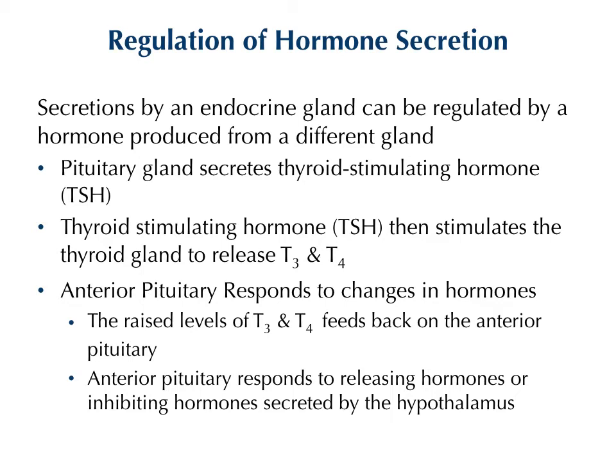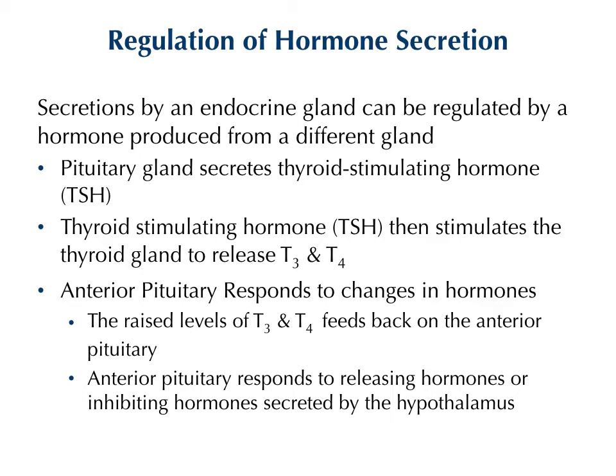TSH will stimulate the thyroid gland to release its hormones, T3 and T4. The elevated levels of T3 and T4 in the bloodstream will feed back on the anterior pituitary, and the anterior pituitary will respond to releasing hormones or inhibiting hormones that are secreted also by the hypothalamus.